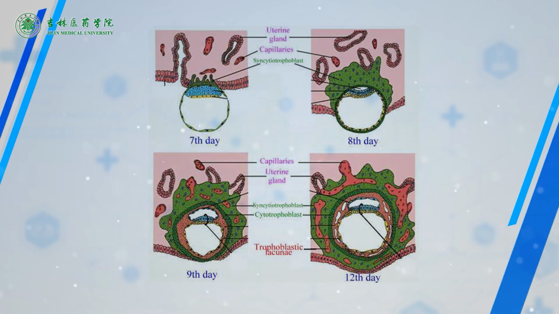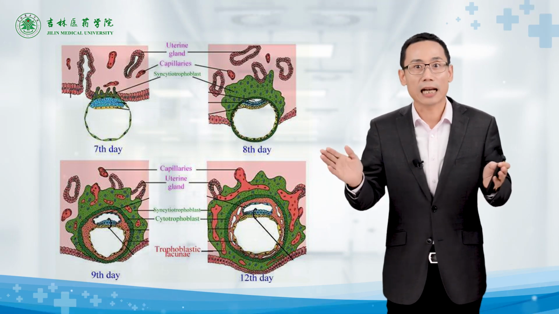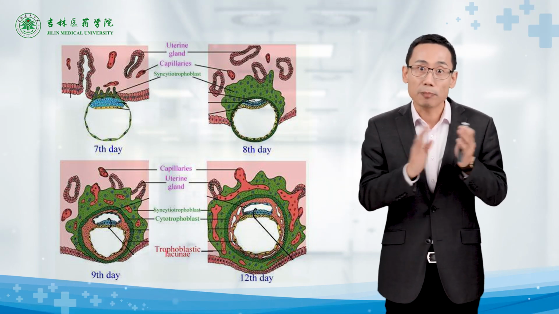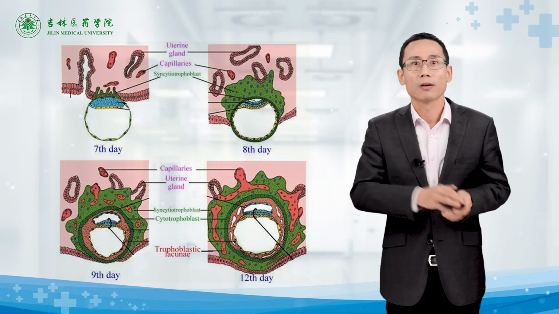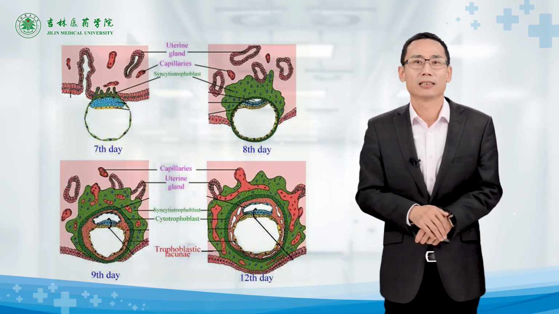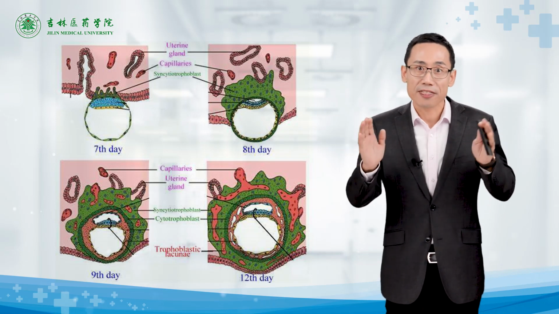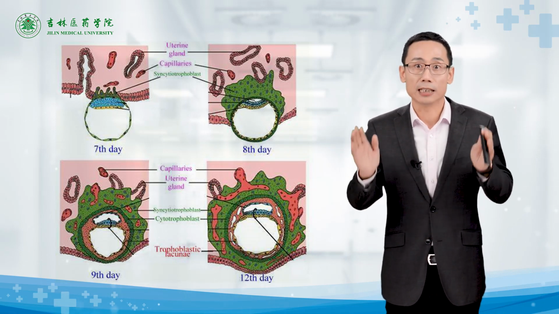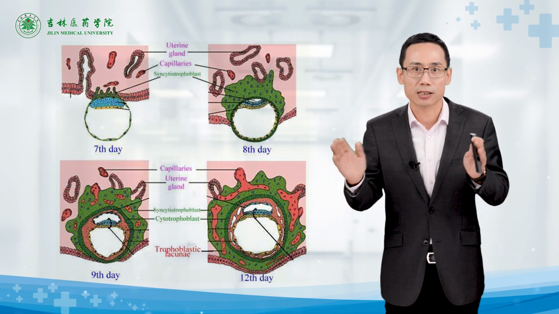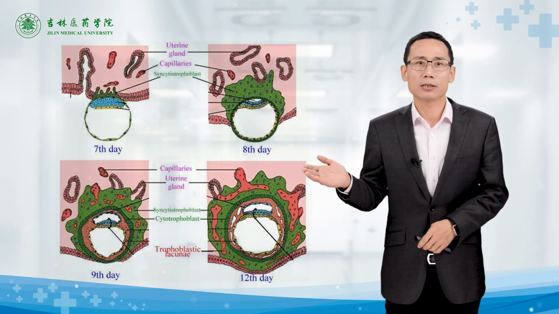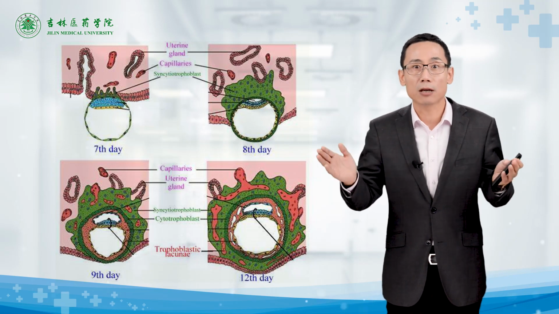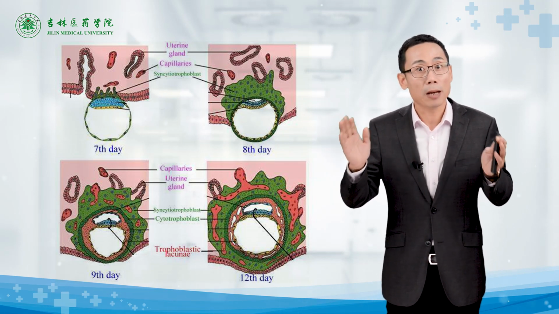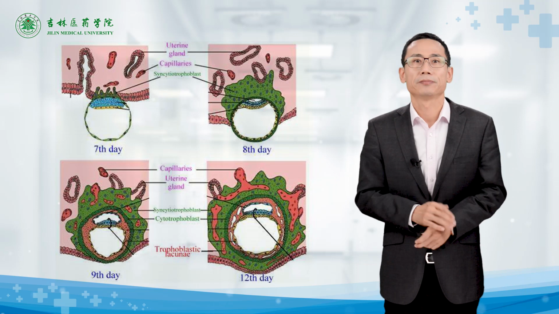becomes embedded in it. In the process of implantation, trophoblast cells in contact with the endometrium proliferate rapidly, and the trophoblast thickens and differentiates into inner and outer layers. The outer cells fuse with each other, and the boundary between cells, that is, the cell membrane, disappears.